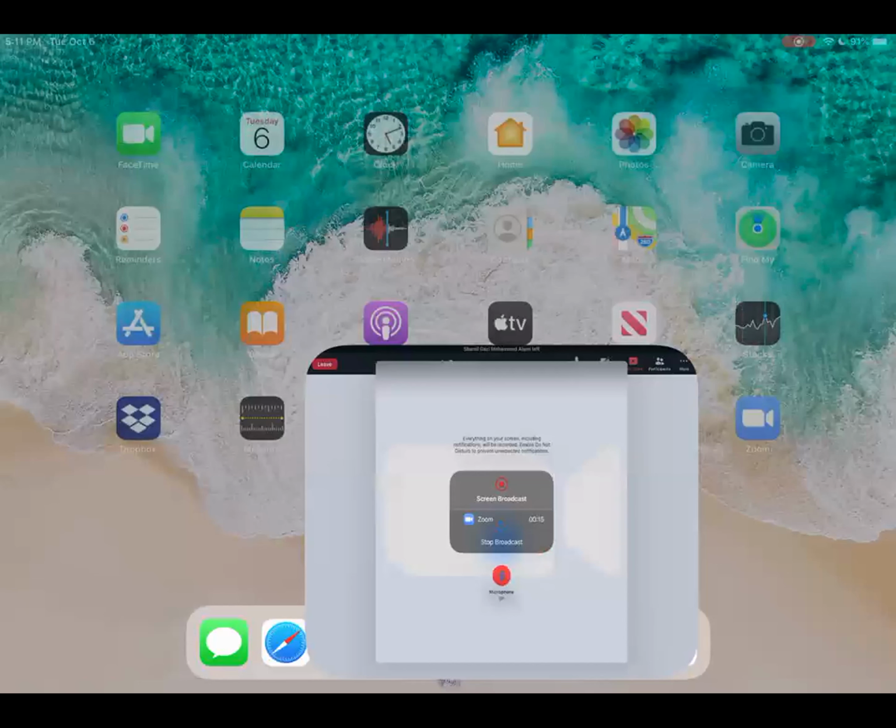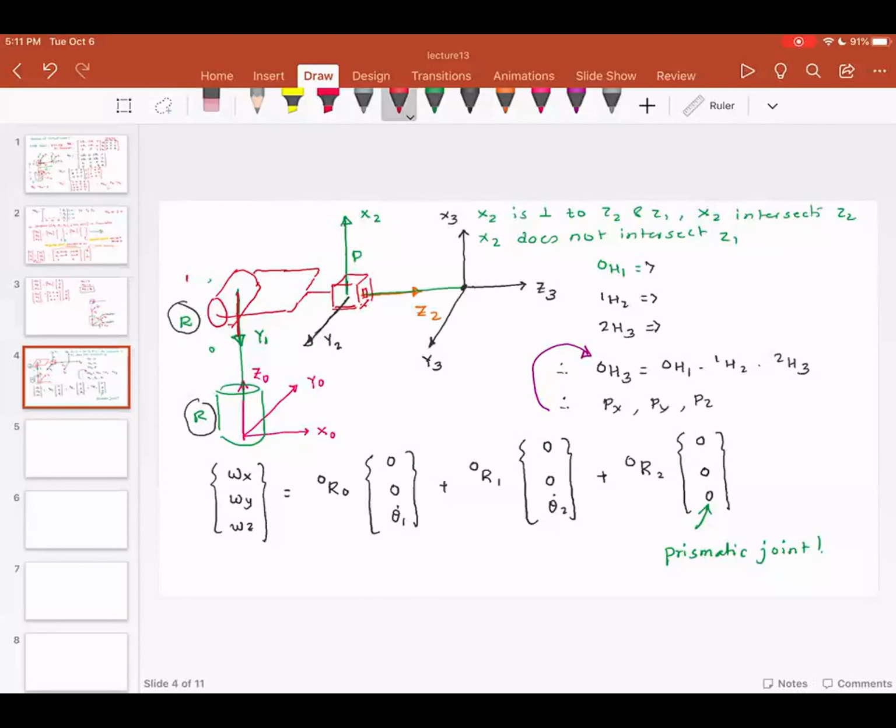So here is a small correction. And just to be clear, the equations were derived for this setup. So it was like this.